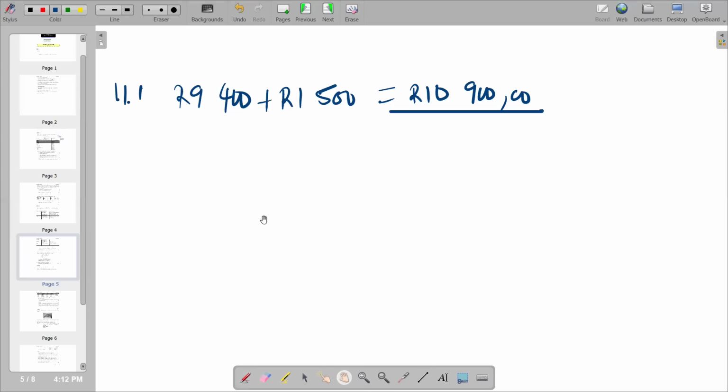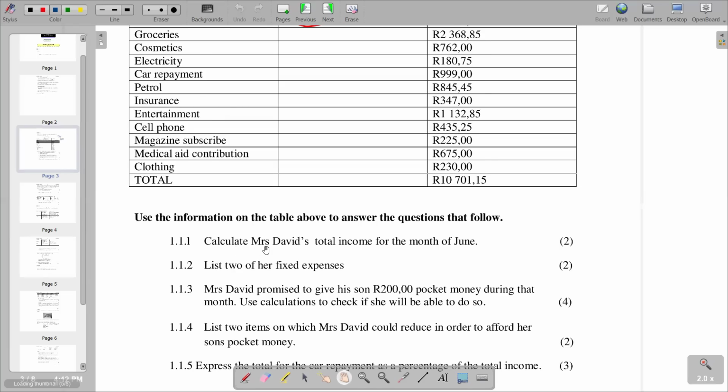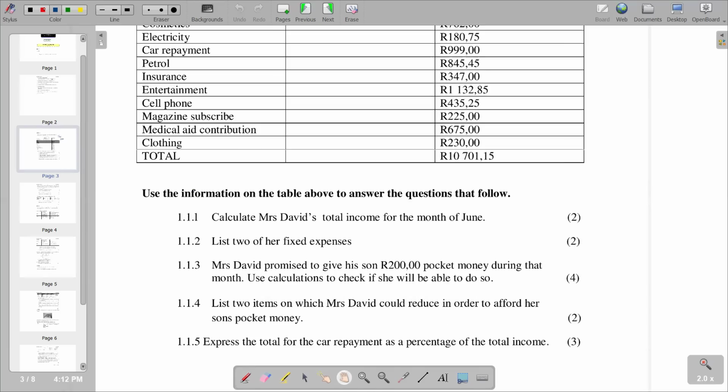Then moving on to the second part of our question, it requires us to list two of your fixed expenses. So we need to understand what we mean by fixed expenses. Fixed expenses remain the same each period that we pay them.